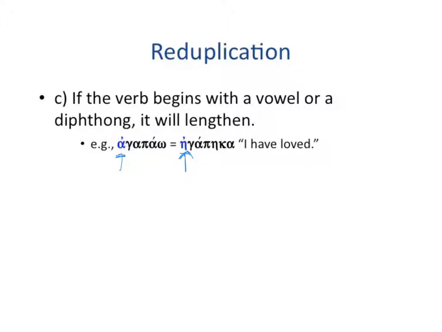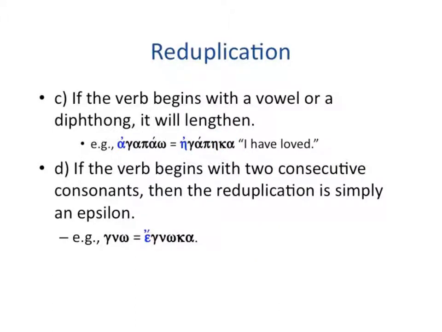Now, you may think, oh, well, how am I supposed to distinguish that from just the past tense morpheme, which will do the same thing? Well, you can distinguish it by this kappa ending. When you see that kappa, that's what tells you it's perfect in those instances. So this one might be a little bit more confusing, while the other two were pretty straightforward. But you get around it by noting the kappa ending.